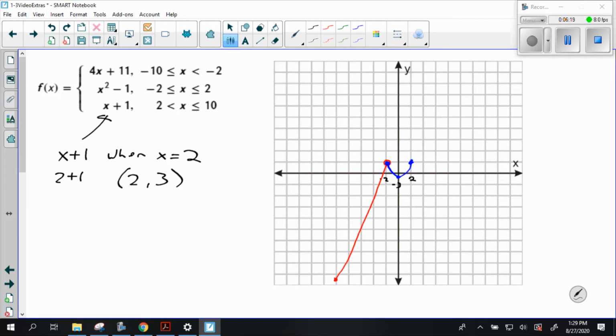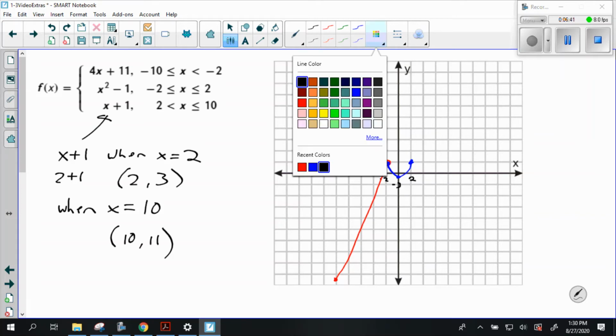So we start right there at 2, 3, where our parabola ended. And then when x is equal to 10, what have we got? We've got the point 10, 11. So let's go ahead and graph that one. Let's do it in green.